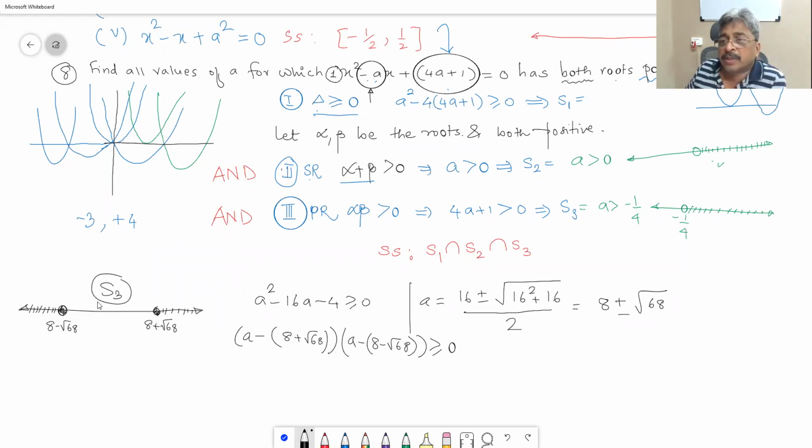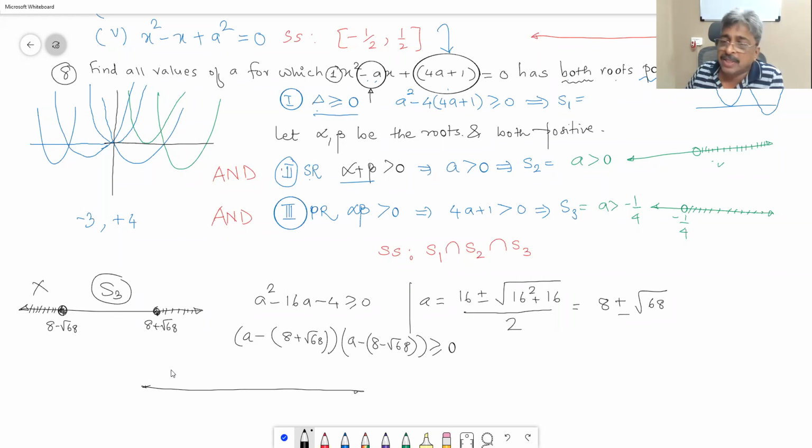Now we are supposed to take the intersection, therefore we should put these three lines one over the other and find out which part of the real number line is common between all the three. There is a little problem.